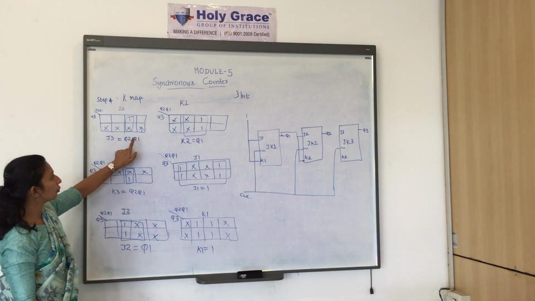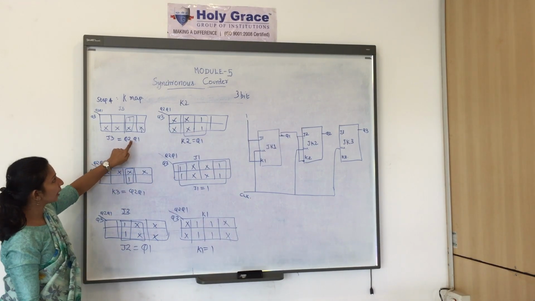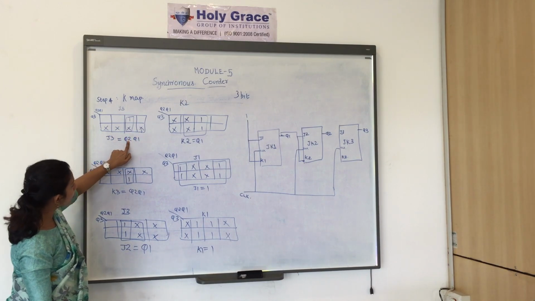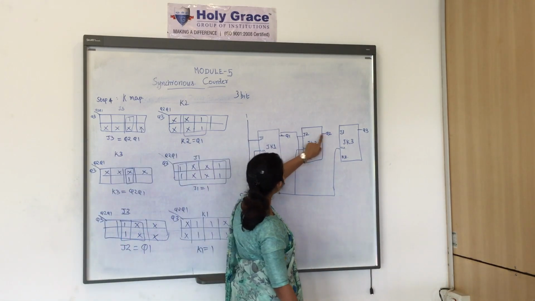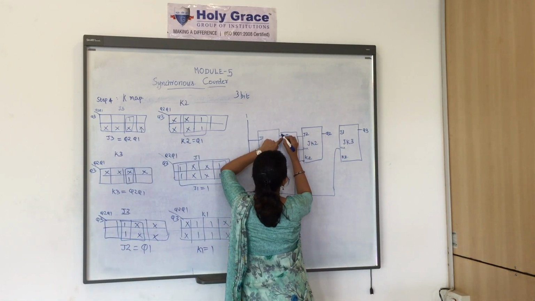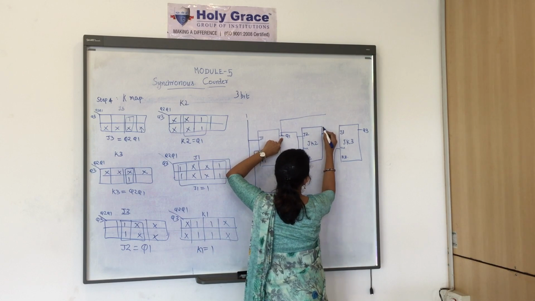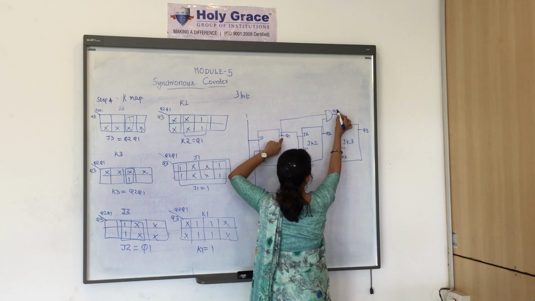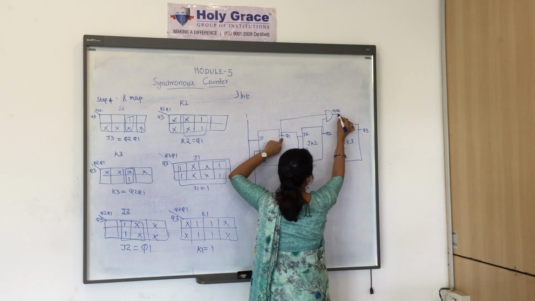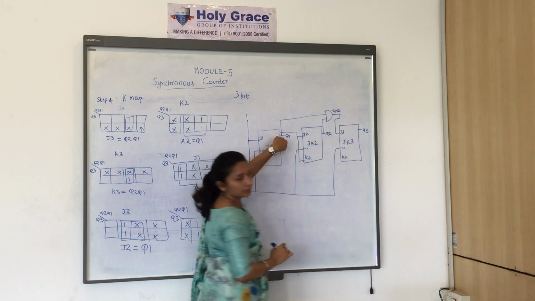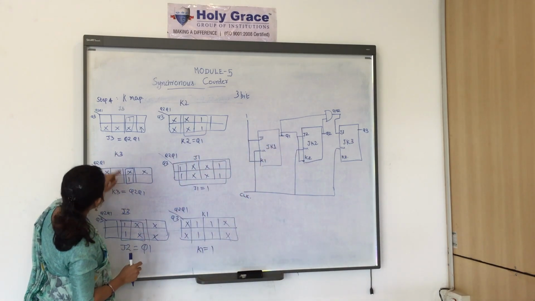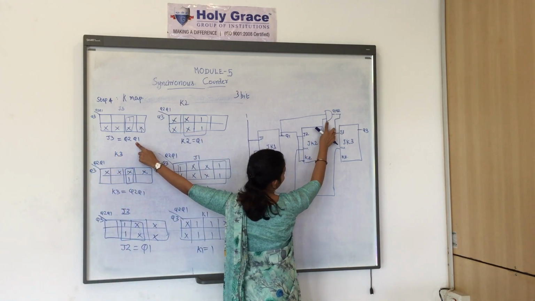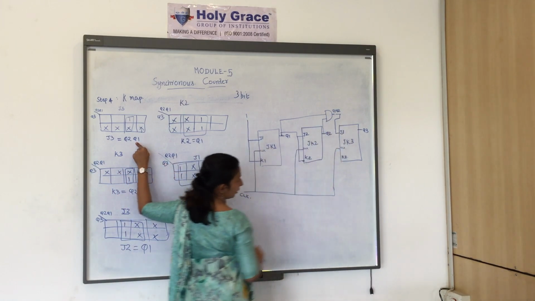Next is J3. The J3 equation is Q2 dot Q1. That is, we are using an AND gate in order to implement this equation. Q2 and Q1 are given to an AND gate to get Q2 dot Q1, and that is fed to J3.